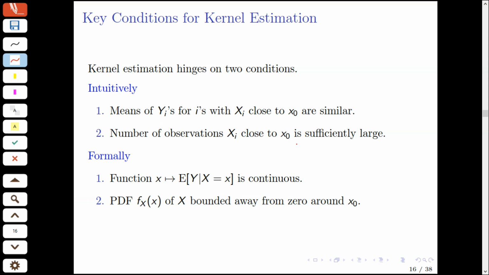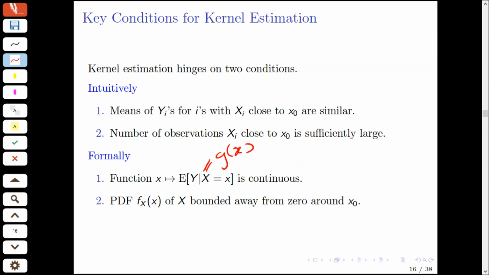Formally, what we need here is that the function, this was our g from before, the function given by the conditional mean of y given x should be continuous, or at least continuous at our point of interest.